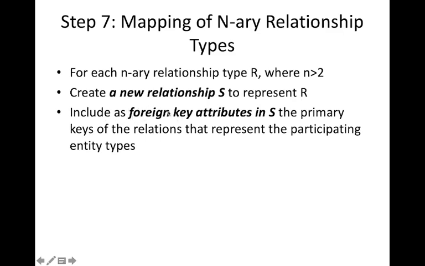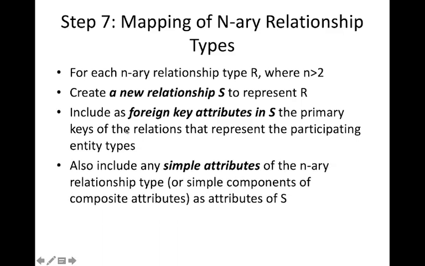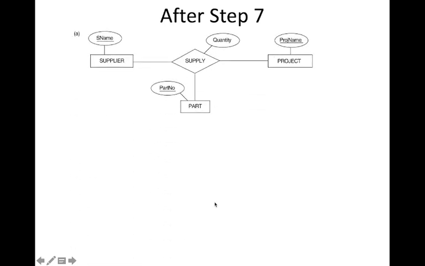We have to include as foreign key attributes in S the primary keys of the relations that represent the participating entity types. If a ternary relation is there, then we have 3 entity types, so we take the primary keys of all 3 entities and make them foreign keys of S, and also include any simple attributes of S in that relation. You will see an example, then you will understand.